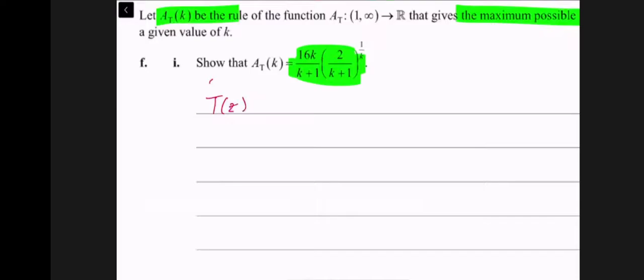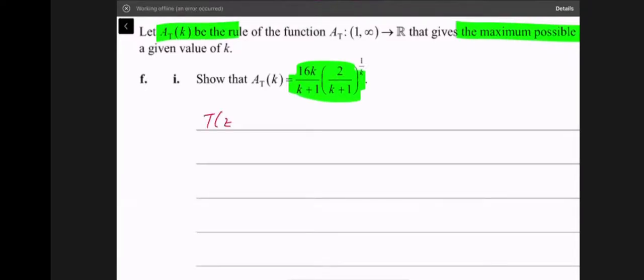So you have T(z), which is 4z minus 2z(z/4) to the power k.